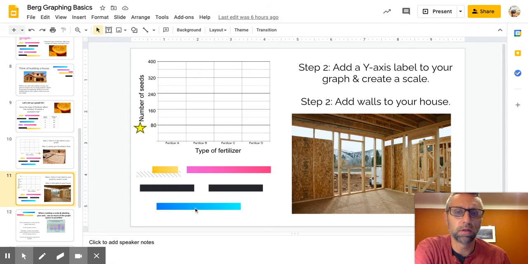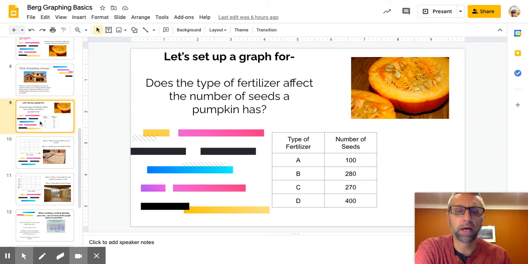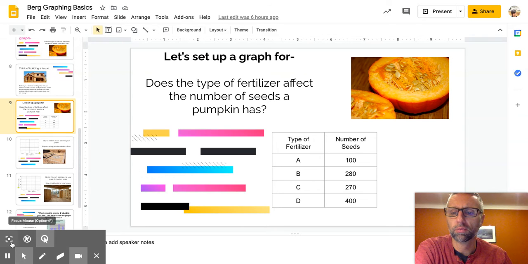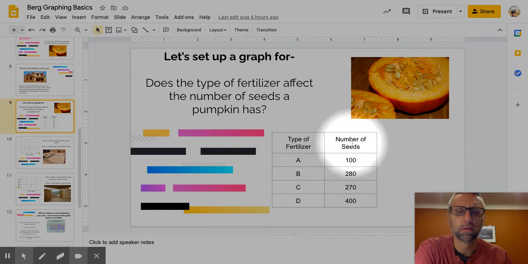The next thing that we need to do is start building the walls. So if we're going to start on the bottom with the x-axis, then we need to move over to the y-axis. And on the y-axis, we have a couple different things we need to do. One, we need to label what are we measuring. That's our dependent variable. So again, back to our data table, our dependent variable was number of seeds.